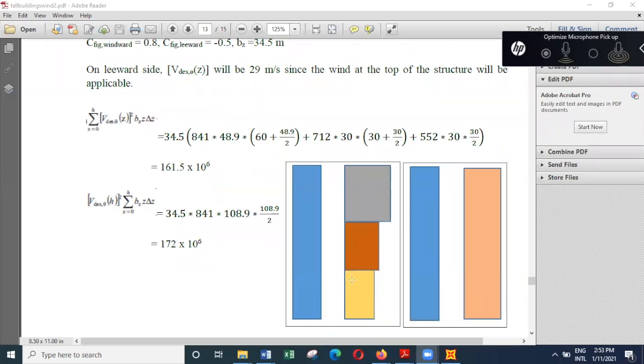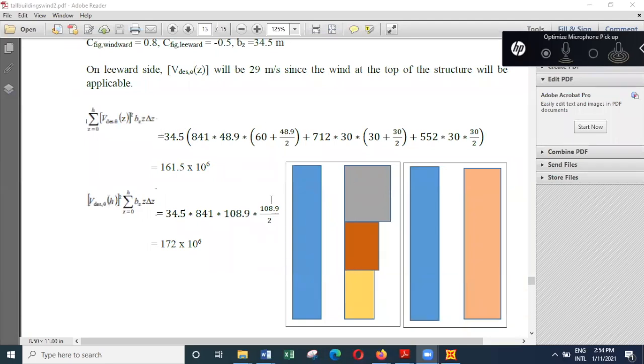So you can see this is a variable function over the full height, but to get an answer easily, we have converted it to constant values, representative constant values. And then to get the total bending moment, I'm considering the three components, and I'm calculating the total bending moment due to this particular set of loads.